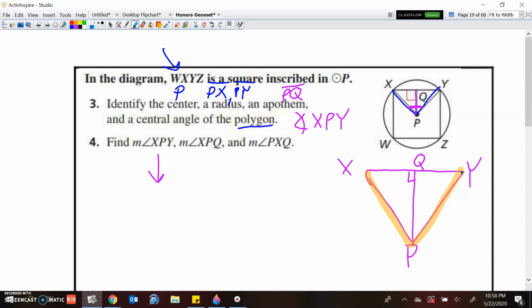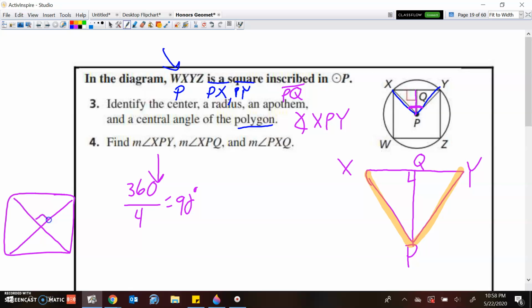Well, I'm going to do 360 divided by 4, and that gives me a 90-degree angle. And we know that in a square, our diagonals bisect perpendicularly. So isn't it cool? Everything connects. All right, we're almost done with this portion.